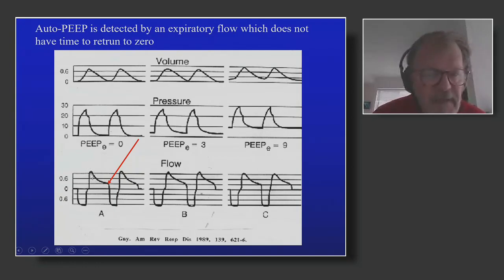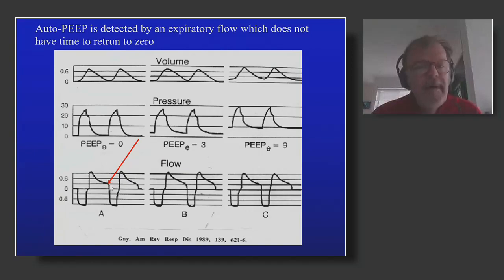You see in this example that the flow did not have enough time to go back to zero. And if the flow is not able to reach zero, it means that the next insufflation will take place before the lung has gone back to its functional residual capacity.